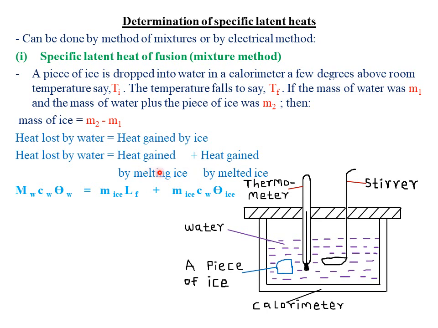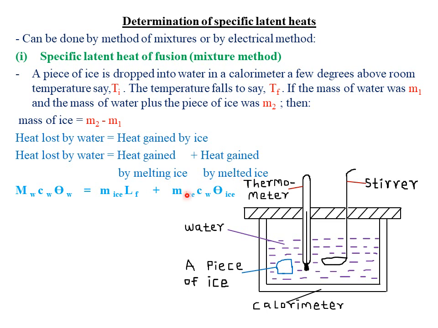So heat gained by melting ice, that is the heat that is used in the process of melting ice, will be given by mass of the ice multiplied by the specific latent heat of fusion for that particular ice. Then plus the heat gained by melted ice, because we are talking of melted ice, that is actually water, but which has been obtained from the melted ice.